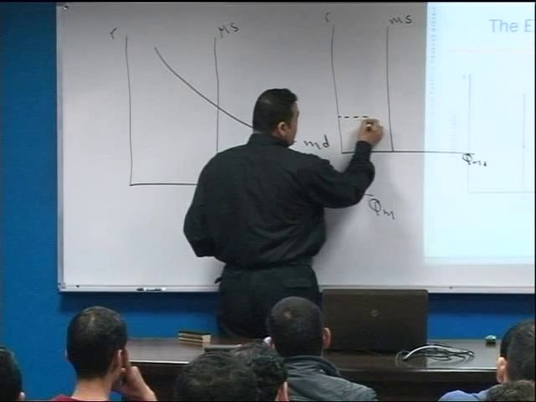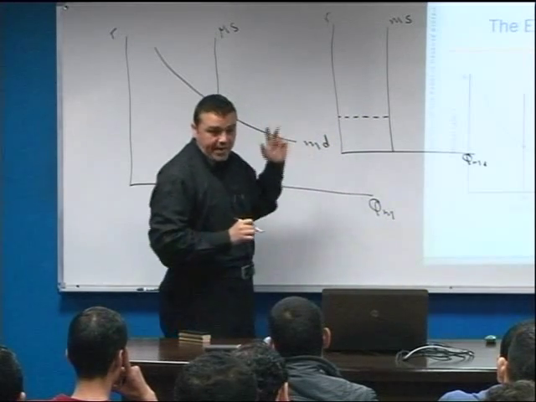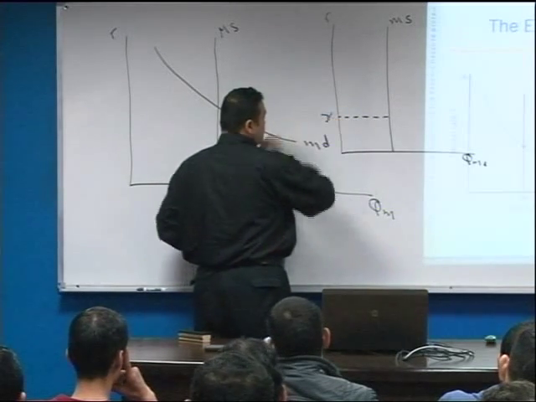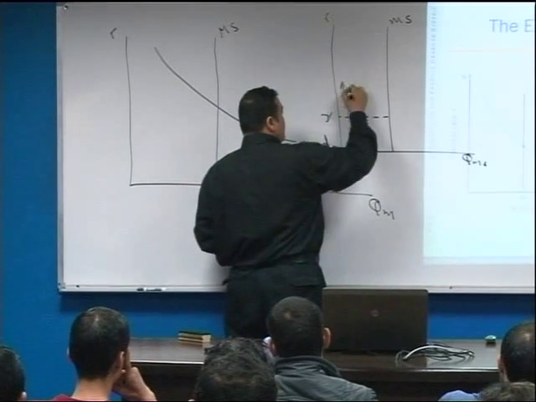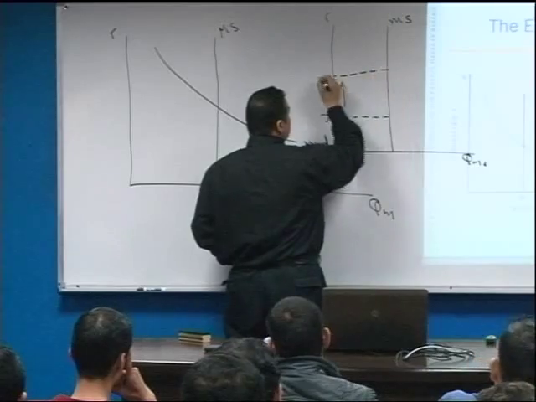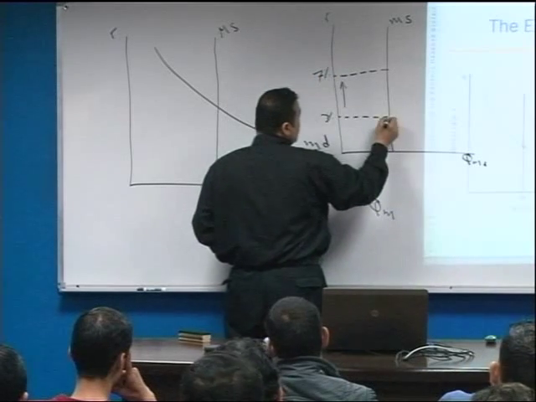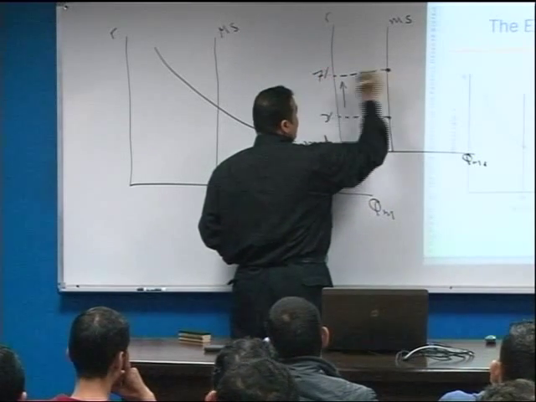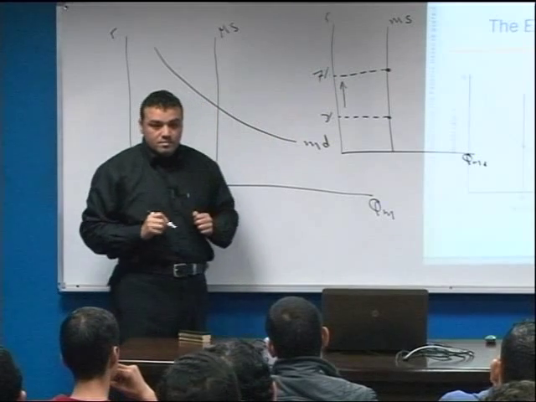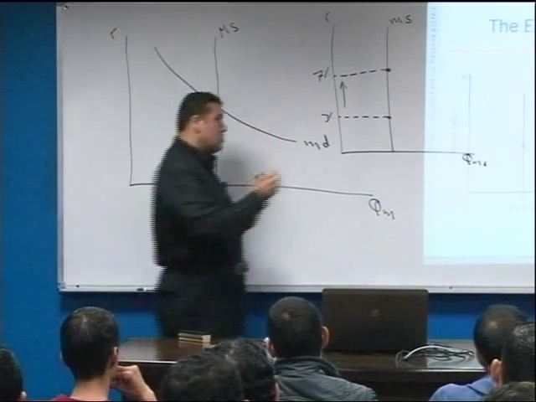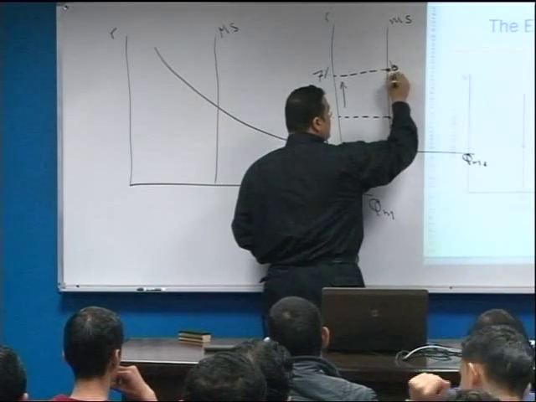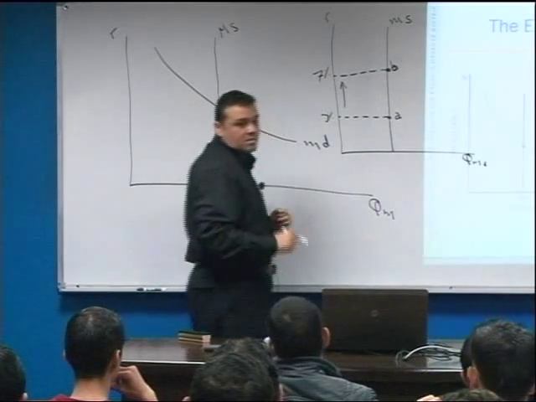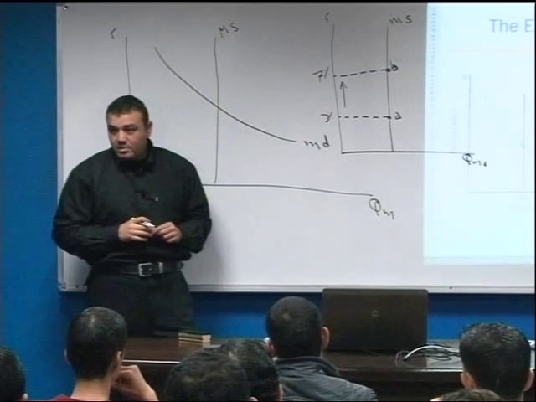Suppose that the interest rate equals 3%. The increase of the interest rate from 3% to 7% doesn't affect the money supply curve. So we have a movement from A to B along the same money supply curve, right?